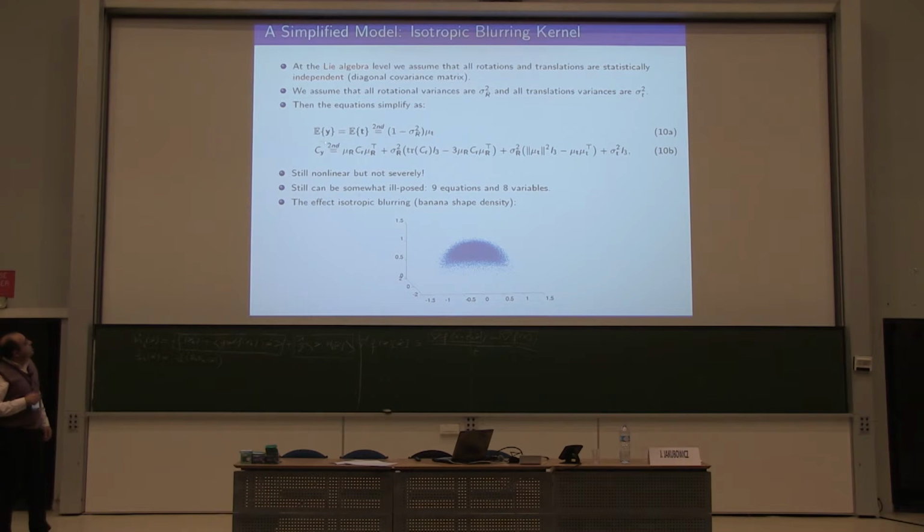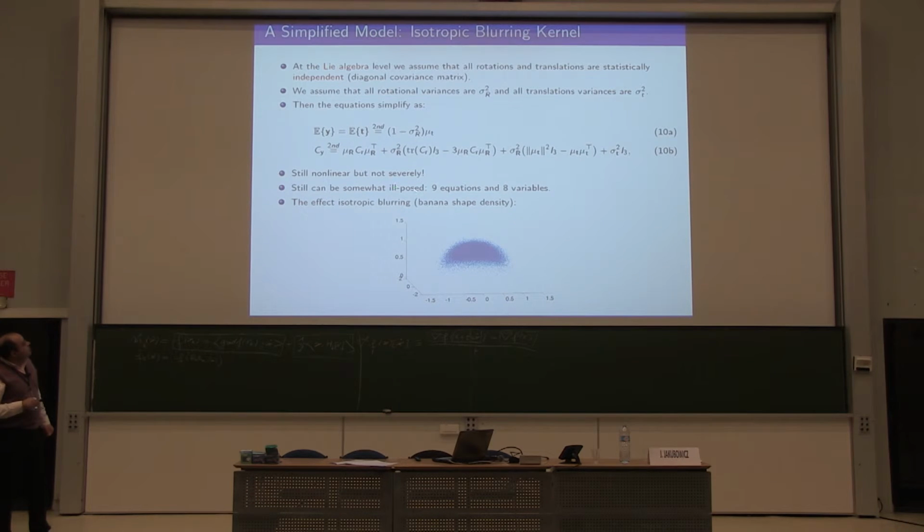Basically, the expectation of y, up to second order, will be equal to 1 minus sigma r squared times mu t, which is the average of the translation part, and a similar, more complicated formula for the covariance of y related to the rotational part of the covariance and the translational part.